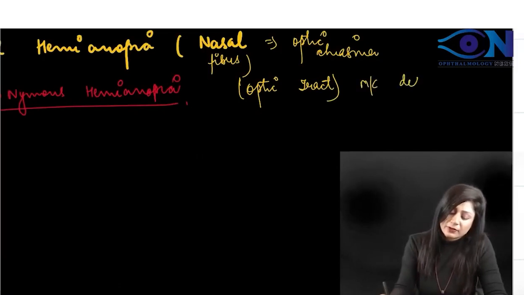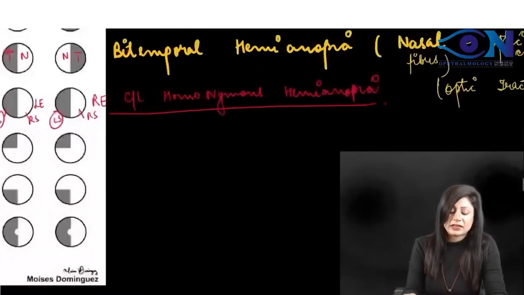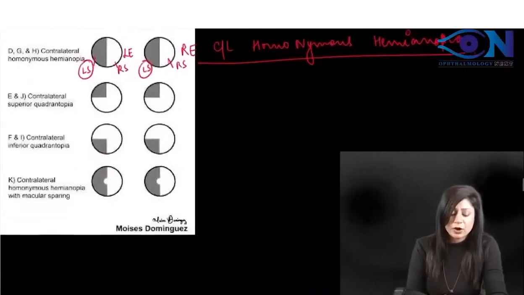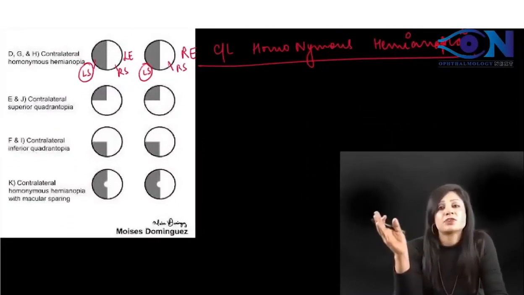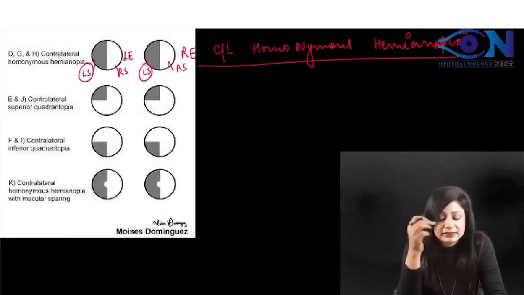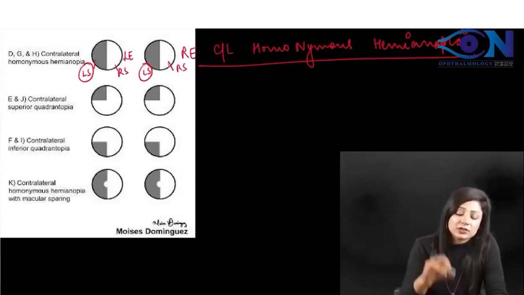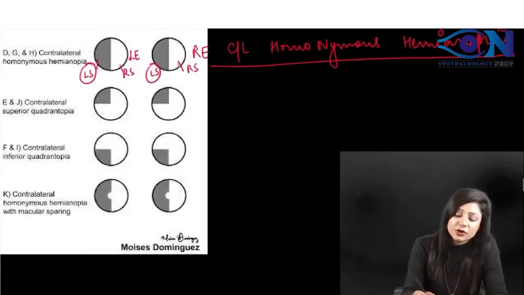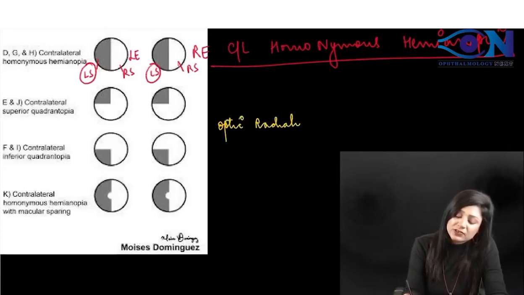After this level, be it the lateral geniculate body, the optic radiations or the visual cortex, you are going to get the same. But I told you just now that we can divide the lesions of the optic radiations into two lobes.